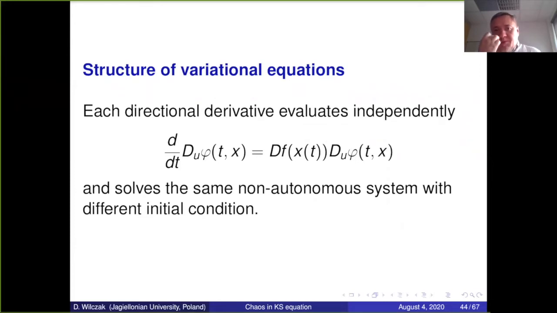We have the next property of our variational equations. Actually, each column of the solution solves the same equation, but with a different initial condition. So we have zeros and somewhere one, usually, if the initial condition is the identity. So each column is totally independent, okay?